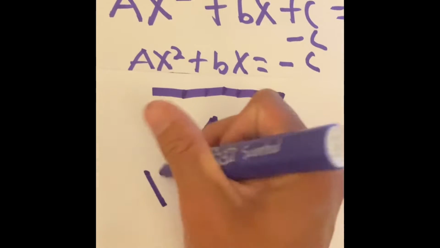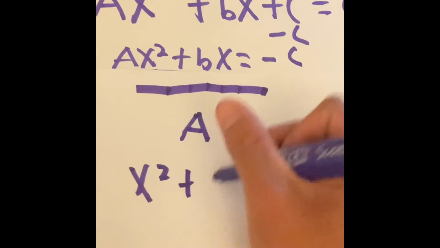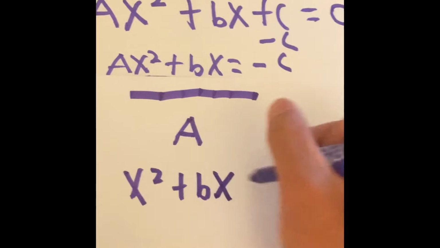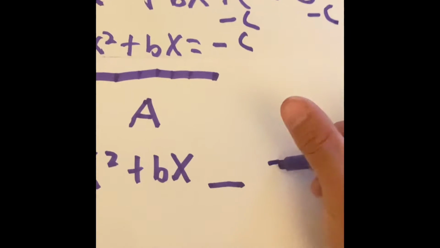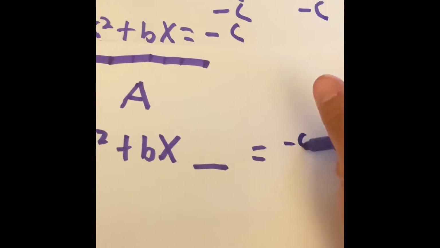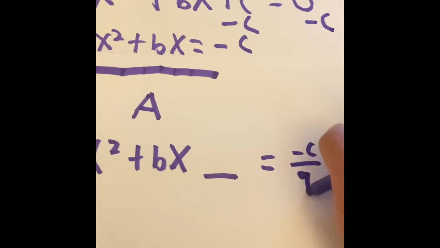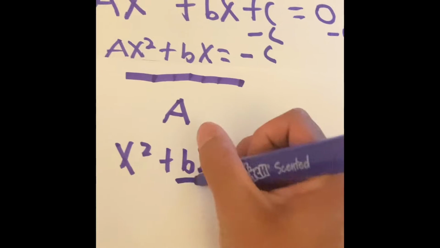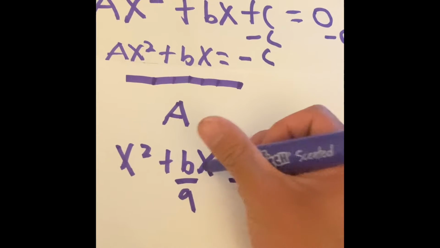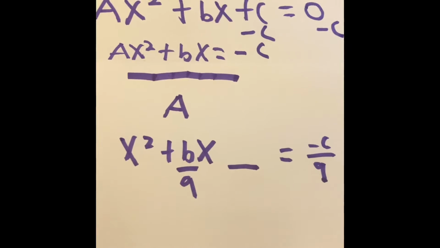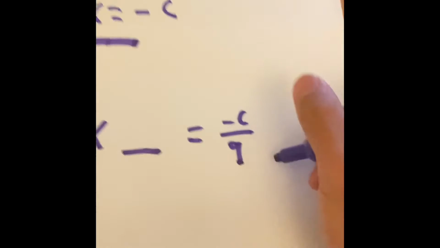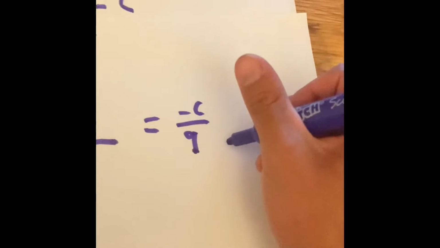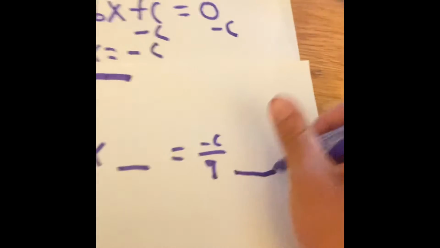So we have x squared plus b over a x, missing number, equals negative c divided by a, and at the end of negative c divided by a, we have another missing number.